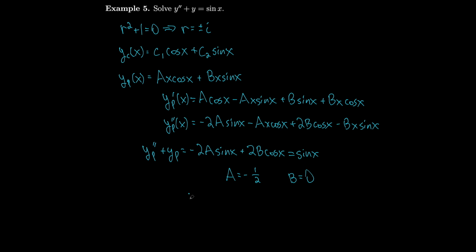So that means that our particular solution is given by negative 1/2 x cosine x. So we have our general solution given by c1 cosine x plus c2 sine x minus 1/2 x cosine x.